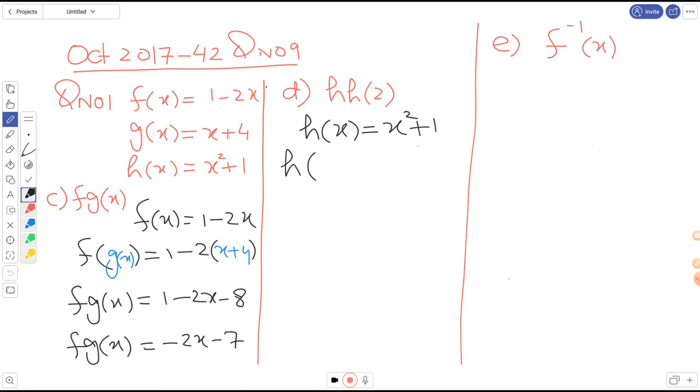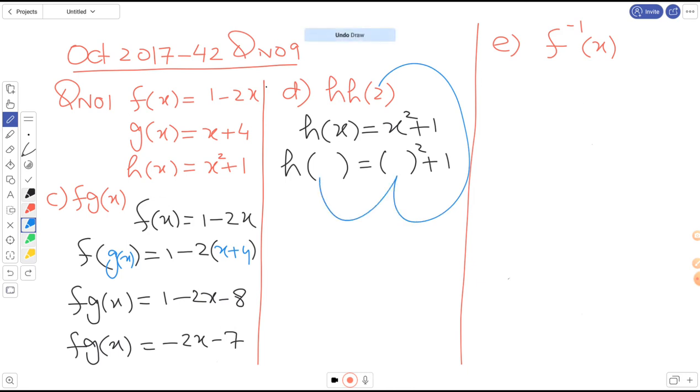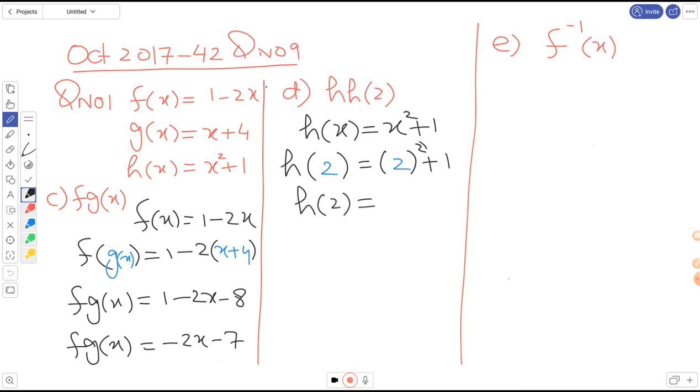Okay, here empty space left hand side, empty space right hand side in the place of x. I'm going to put this 2 here and here. So I'm putting 2 in both places. After this, what is the plan? It's a clear sense. H of 2 is equals to what? 2 square plus 1 gives you 5. 4 plus 1 will give you 5.